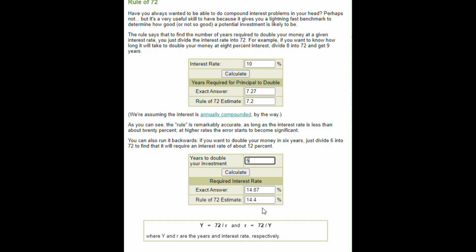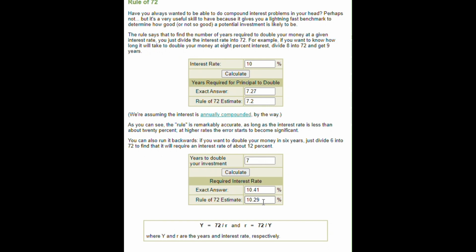Let's say 5 years. We hit calculate, and it tells us we need at least roughly a 14% return. Let's say we want to do that in 7 years. We hit calculate, and roughly we're going to need at least a little over 10% return, right? So it's a really useful tool.